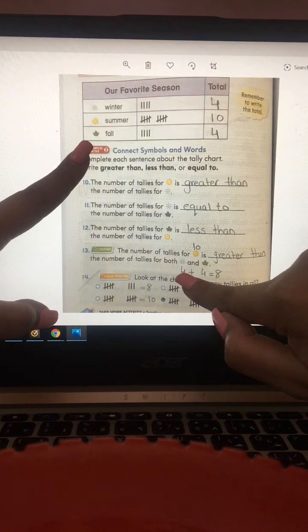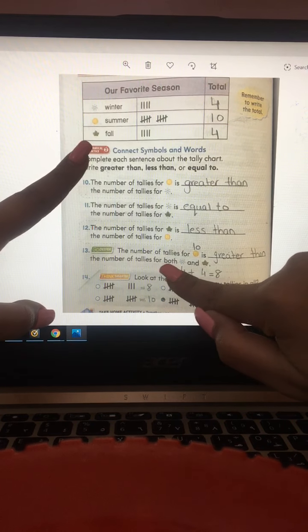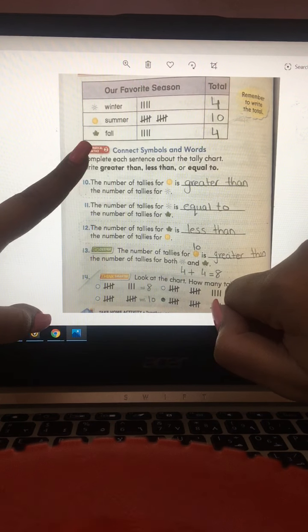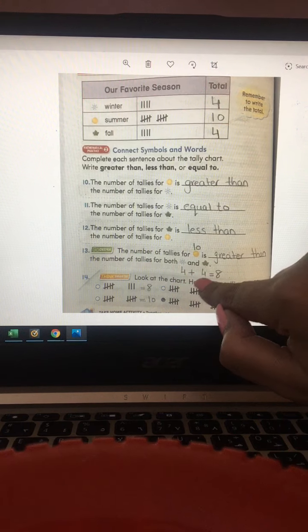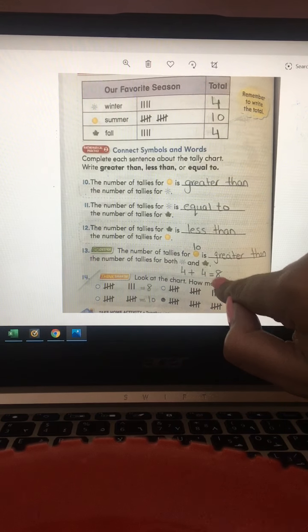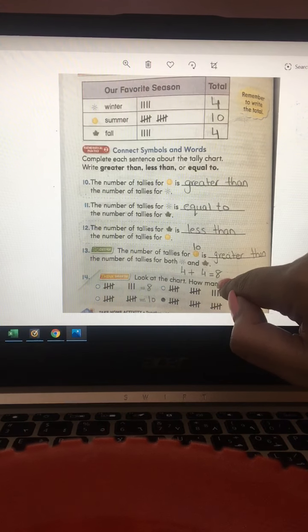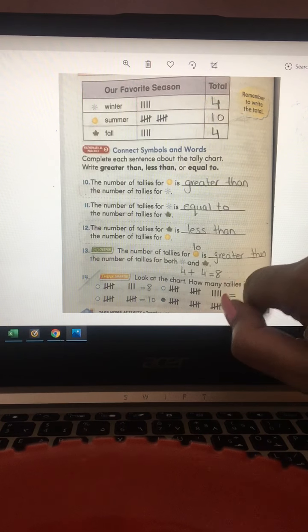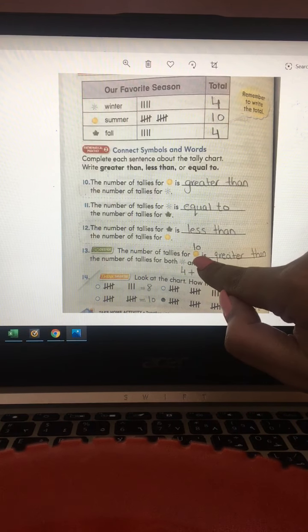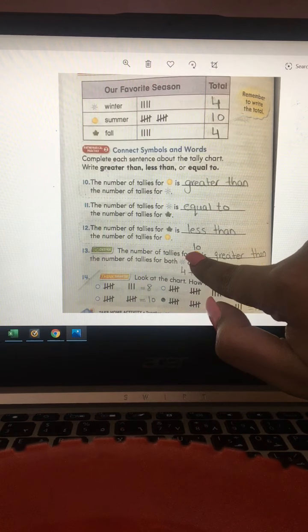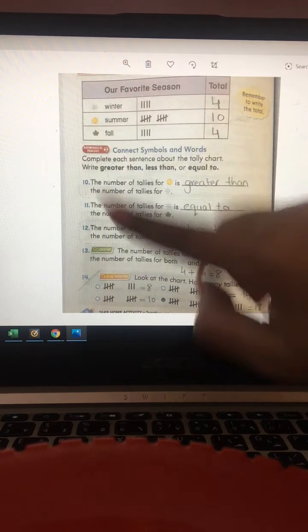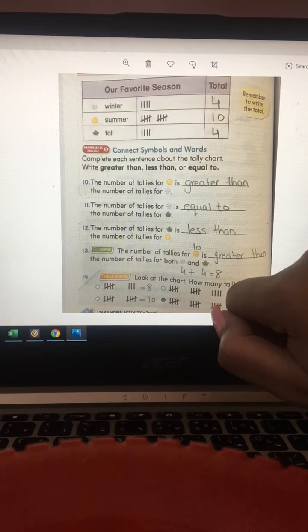So we are going to add 4 plus 4 to know how many tallies both of them have together. 4 plus 4 is equal to 8. Is 10 greater or less than 8? It's greater than 8, because 10 is bigger than 8. So we are going to write that the number of tallies for summer is greater than the number of tallies for both winter and fall together.